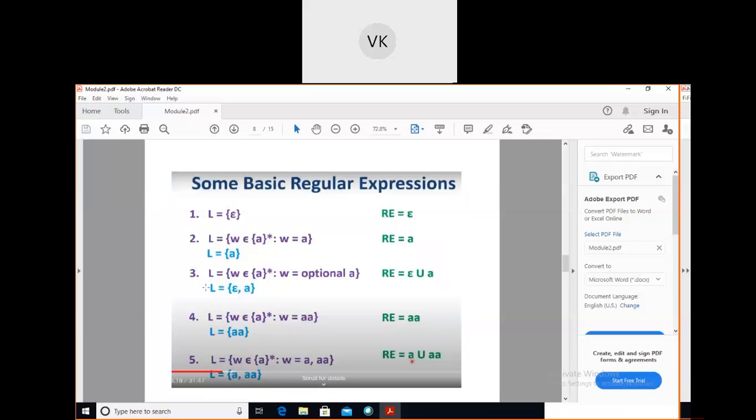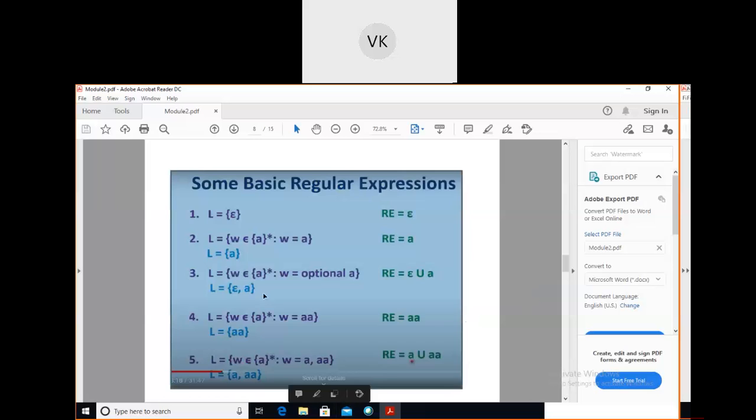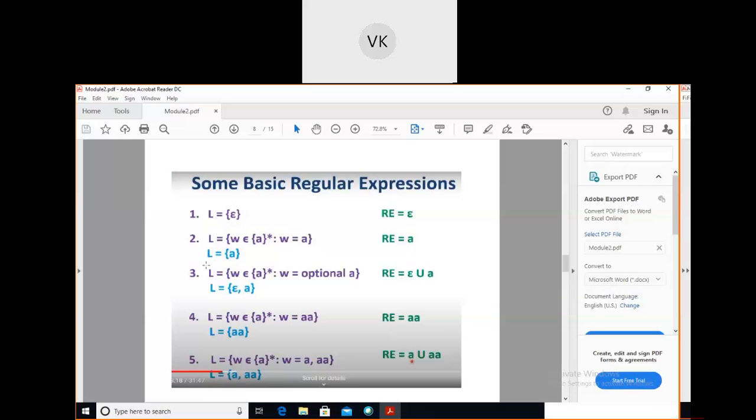We represent this with a regular expression: epsilon union a. This is the regular language; we already discussed all these things in the first module.